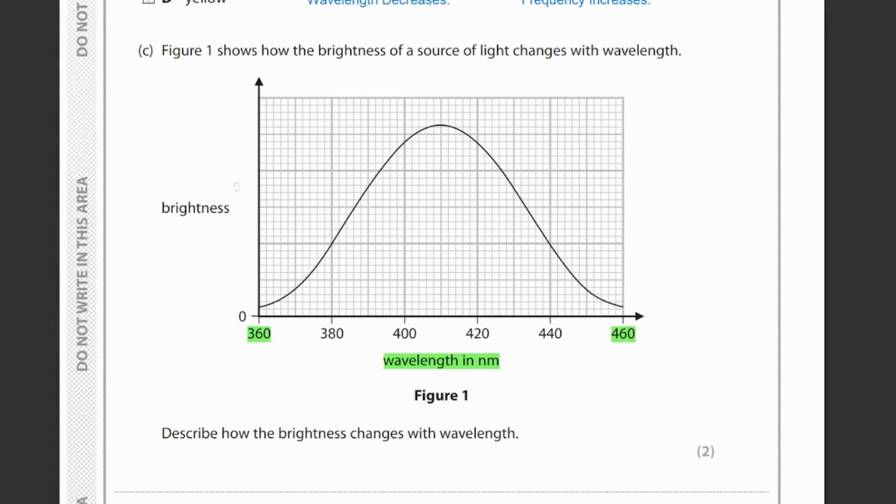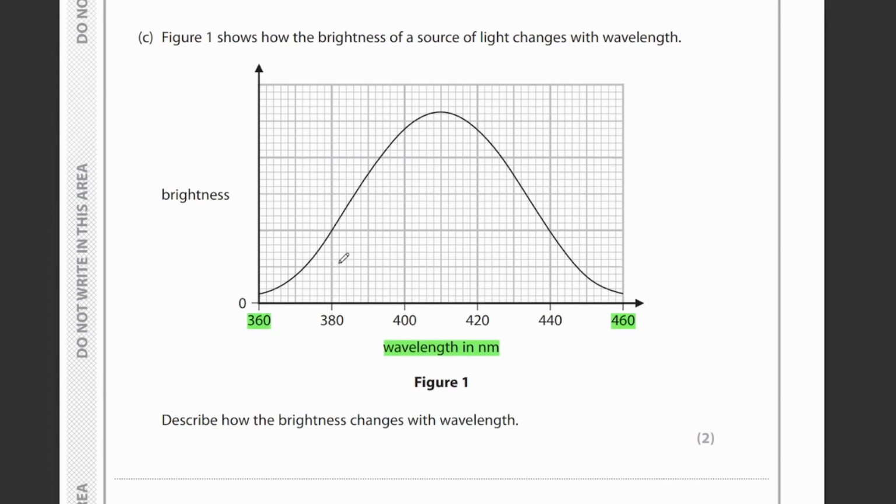On the y-axis they haven't given you numbers, but you can clearly see that the line goes up and then decreases. The graph peaks at this point, which is about 410. So let's mark that on the graph, 410.